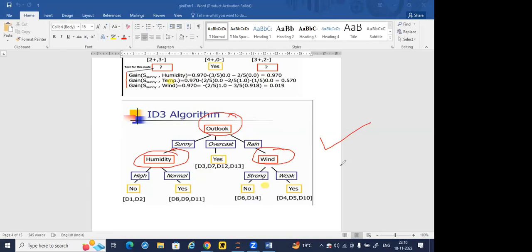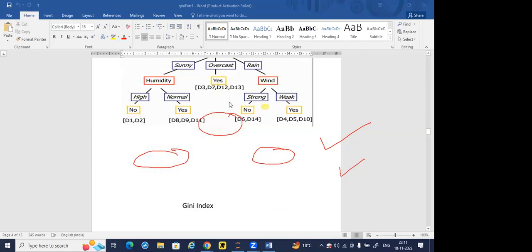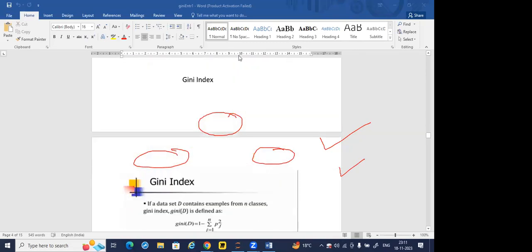If any column is giving the highest information gain, it will use the formula and find out your results also. Okay, just wait. So they are in the decision tree only.